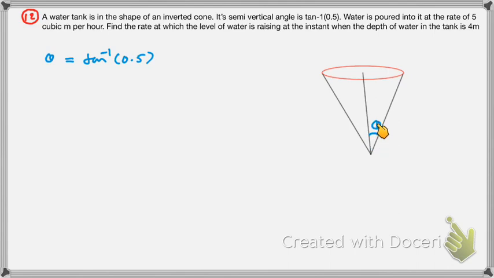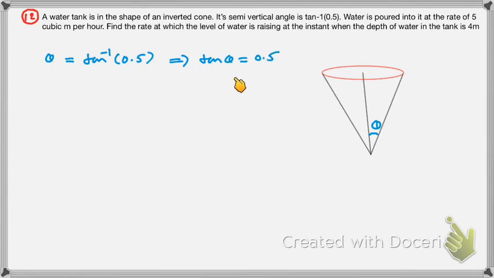So what they are saying is that this theta is tan inverse of 0.5. Theta is tan inverse of 0.5. So I said theta is equal to the semi-vertical angle, which is tan inverse of 0.5. That's an equivalent relation. I shift this tan inverse to the left side. If I shift tan inverse to the left side, it will become tan theta is equal to 0.5.